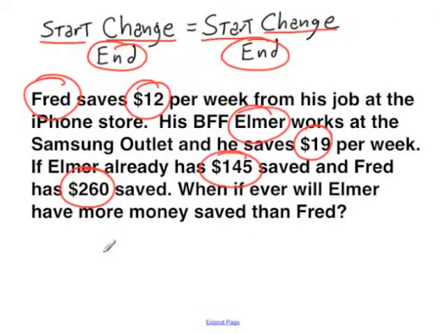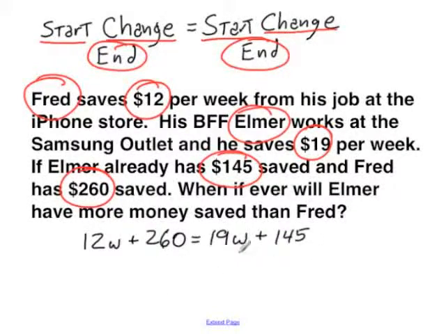We have Fred here as 12, we're measuring again in weeks, W, plus his starting value of 260 needs to equal Elmer's $19 change W plus his starting value of 145.